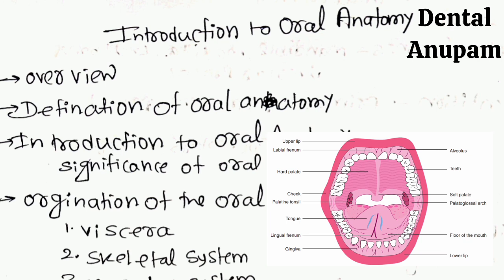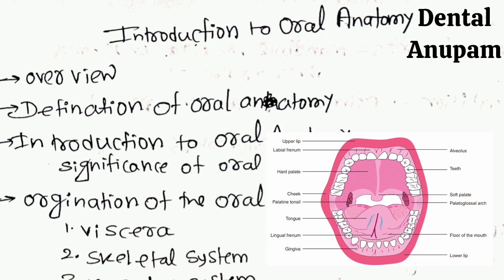Next to introduction to oral anatomy, the oral cavity, commonly referred to as the mouth. We know about the mouth. It is also called the buccal cavity.